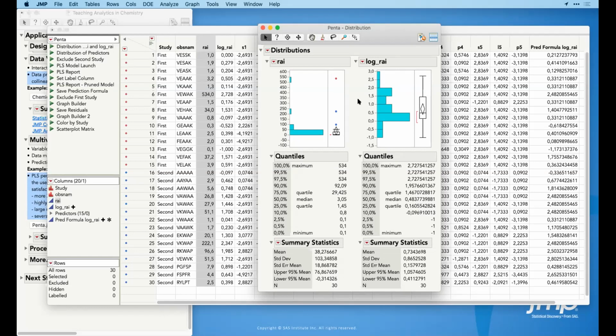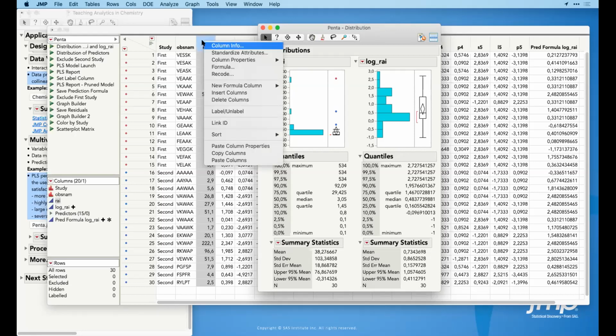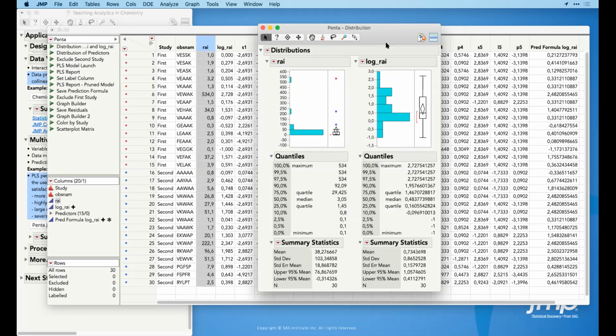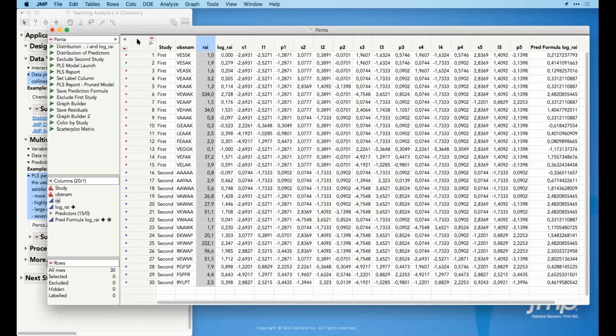By looking at this, you may get the idea, better use the log transform of this variable. And getting this is really easy. You just click here, new formula column, transform, log base 10, and then you get a variable which looks much more symmetric and well behaved. This log version is then used for this analysis.